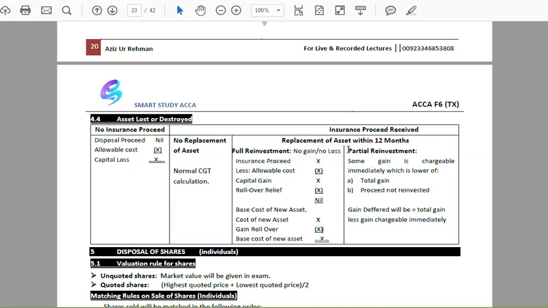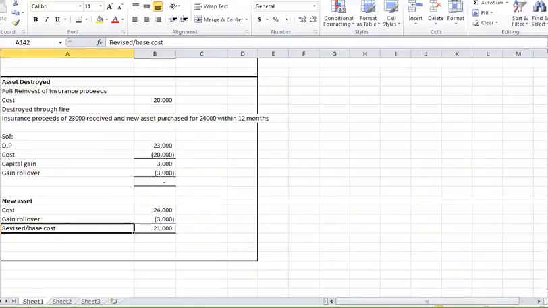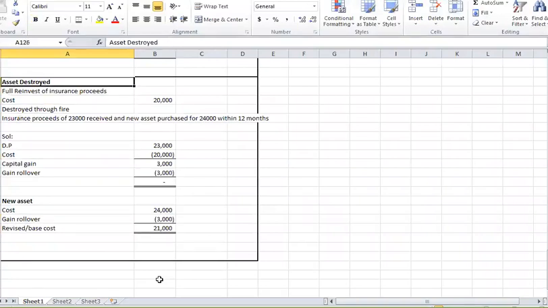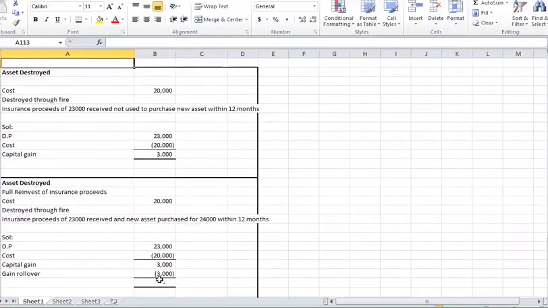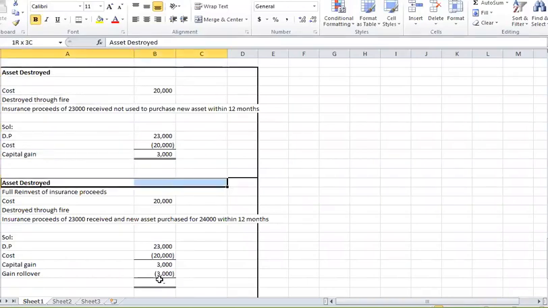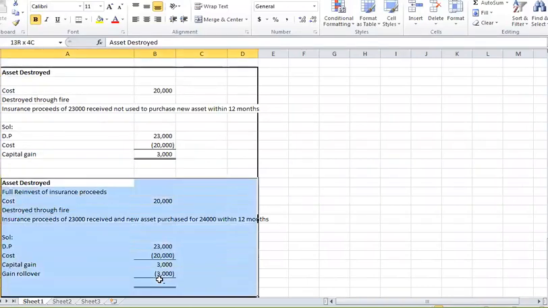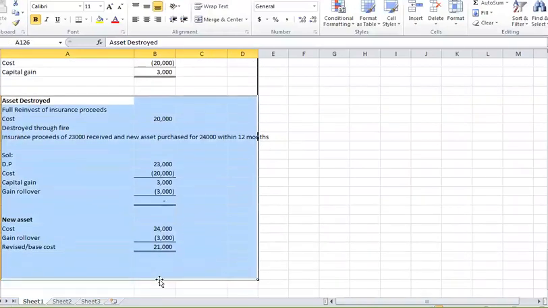And the last point is partial reinvestment. What if you have not reinvested your 100% amount? If you have kept a portion of the insurance proceeds in your pocket, what would be the tax implications in that case?